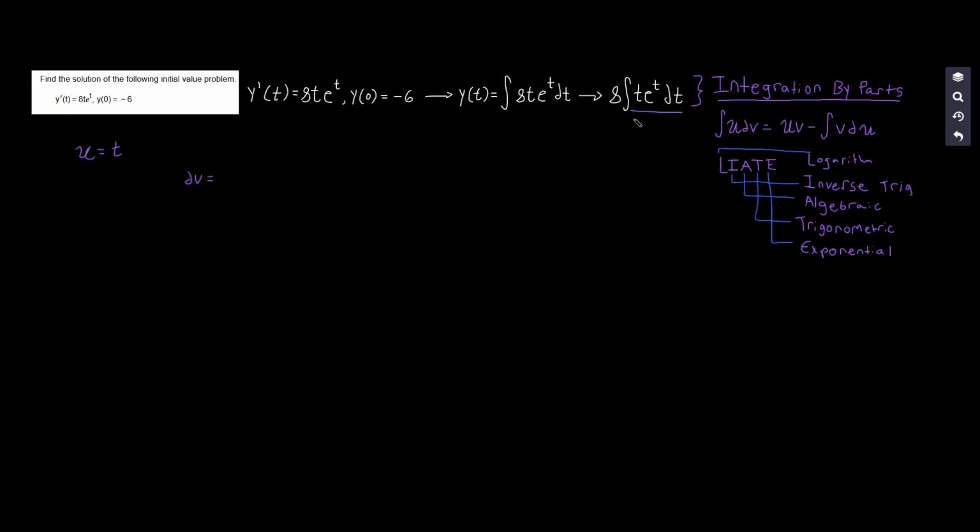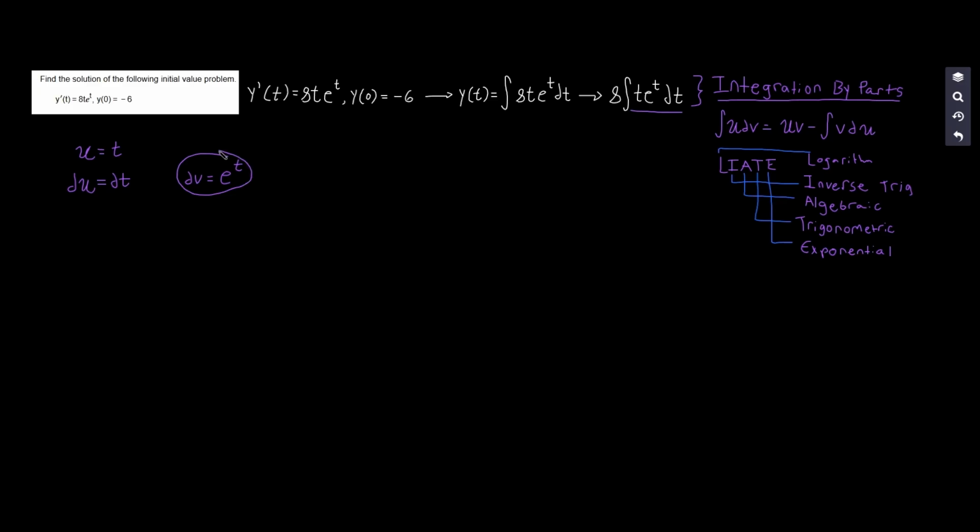That means that e raised to the power of t is going to be dv, because we've already assigned u, and the only thing left is e raised to the power of t. We can find du by taking the derivative of t. If you take the derivative of any variable, it's always going to be 1. Therefore, du is going to be 1 dt, or just dt.